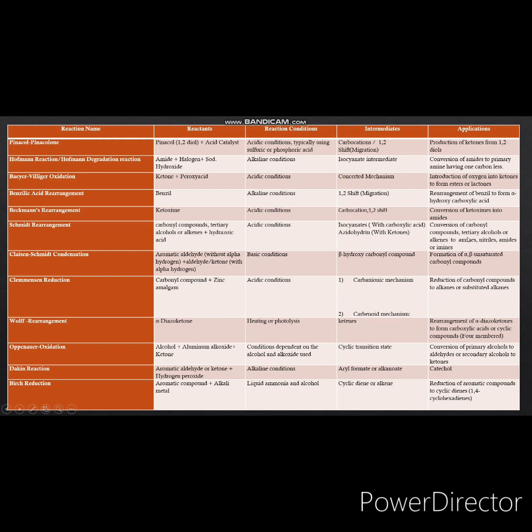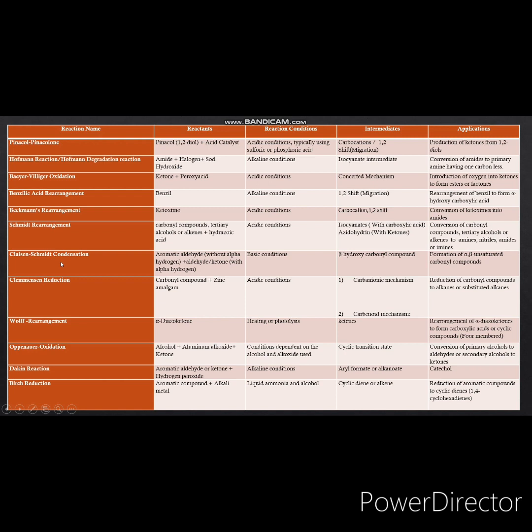And in this reaction, there is a formation of amines, nitriles, amides, or imines.